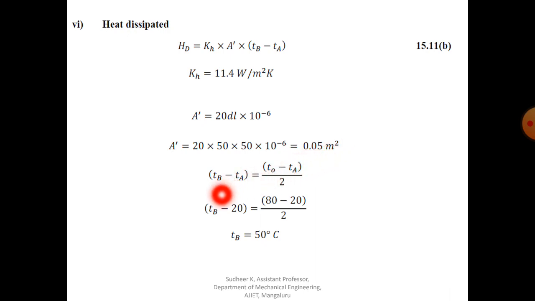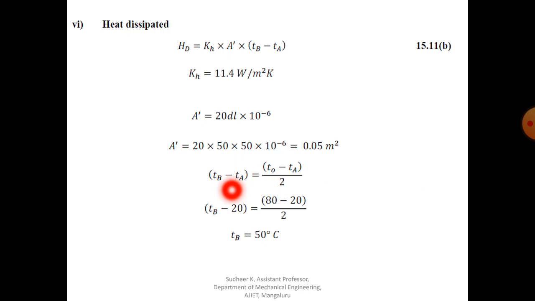Now you have to find out, with the help of an important relationship, the temperature difference between the bearing and the atmosphere. You can find that from equation number 15.11c, that is TB minus TA is equal to TO minus TA divided by 2.